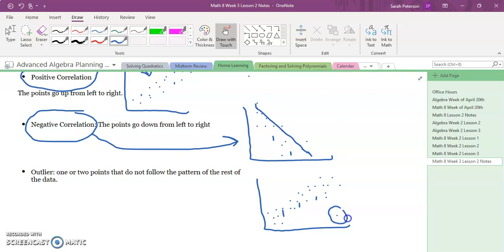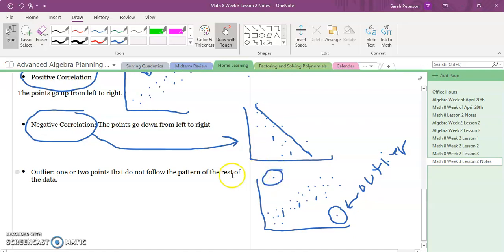That might be a response you don't normally get to whatever data you're collecting. It might just be a special case scenario. Or one that is way up here could be an outlier. It just doesn't fit in with the rest of the data, but it doesn't necessarily impact the rest of the data. Those are examples of outliers.